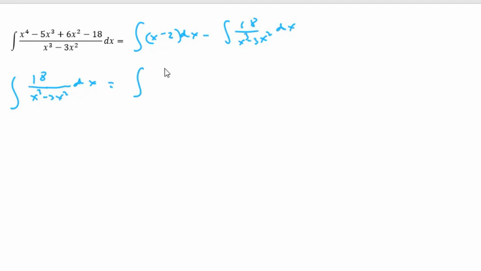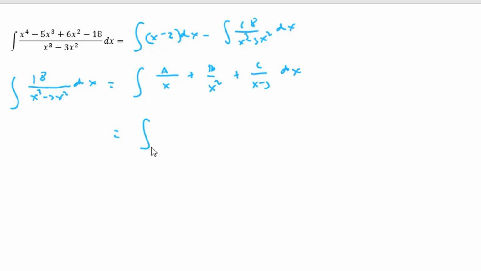So we can write it now as a over x plus b over x squared plus c over x minus 3 dx. We have solved earlier the values of a, b, and c, so we're just going to substitute the values of the variables.